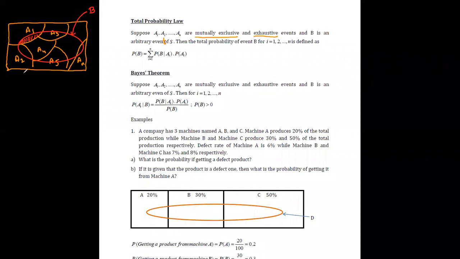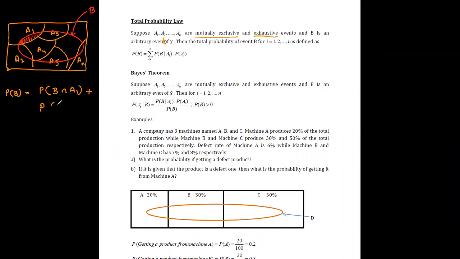If you consider the probability of B, it can be written as probability of B intersect A1, because there is a small intersection part from A1 with B, added to probability of B intersect A2.